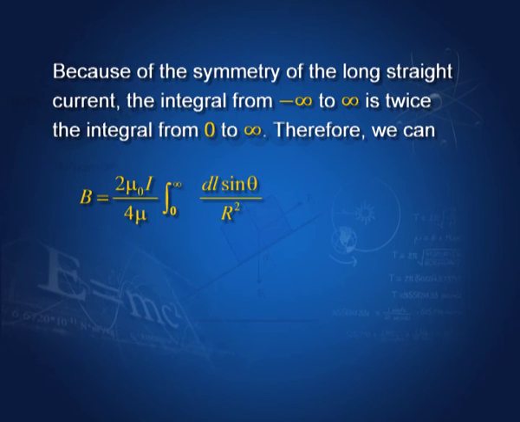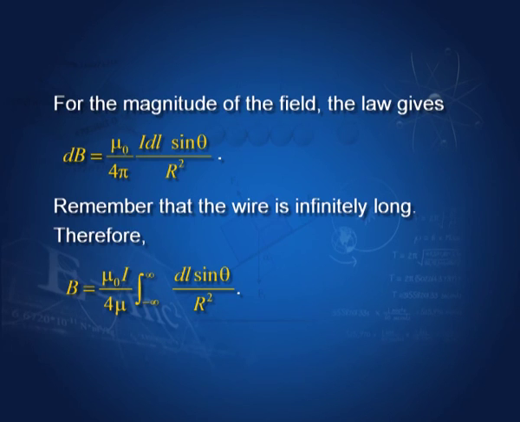Therefore, B is equal to mu 0 I by 4 pi, and I have to integrate now over dl, and this integration will be from minus infinity to plus infinity, because the wire is infinitely long, and because of symmetry I can, instead of taking limits from minus infinity to infinity, take from 0 to infinity and multiply the result by 2. So, B is therefore given by 2 mu 0 I by 4 pi integral from 0 to infinity dl sin theta by R squared.